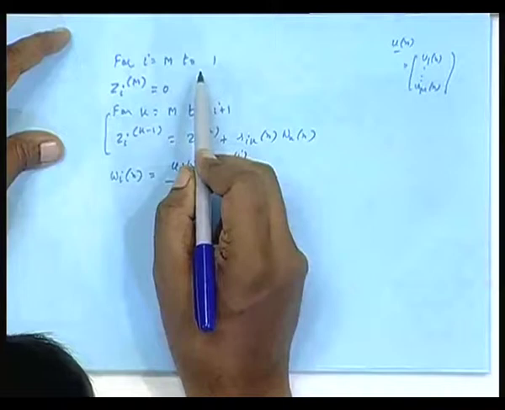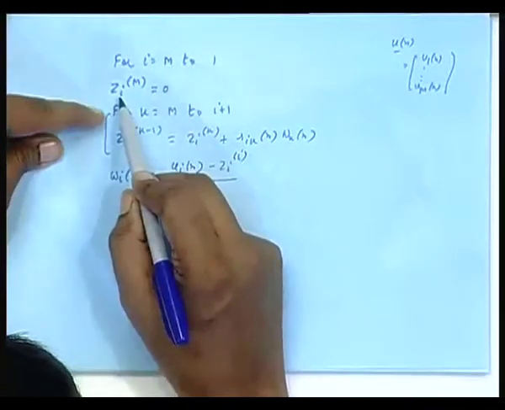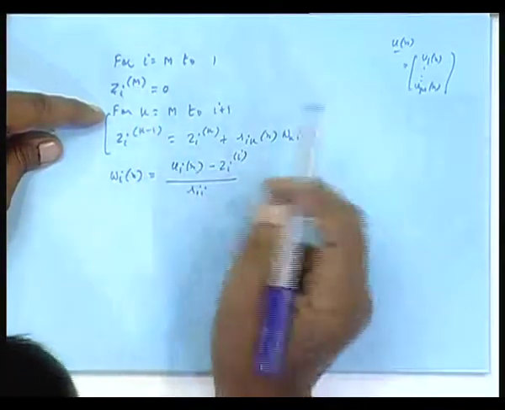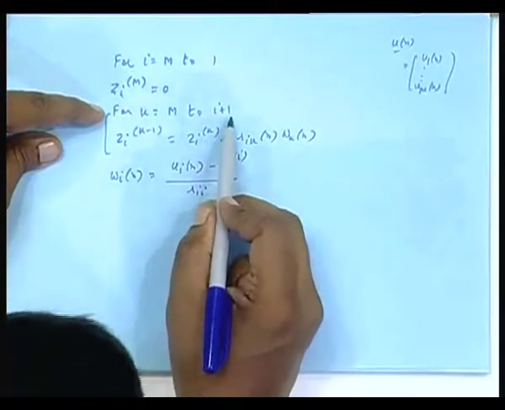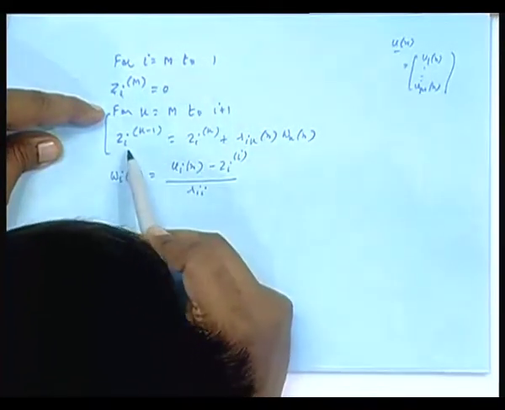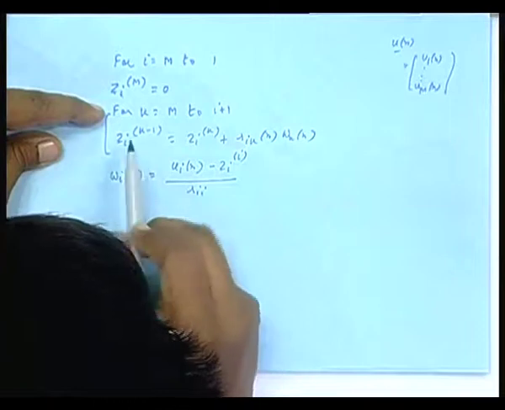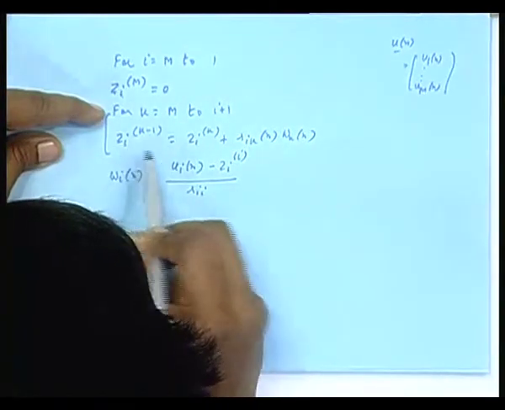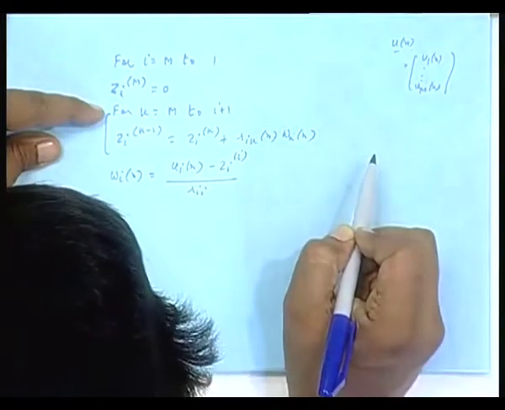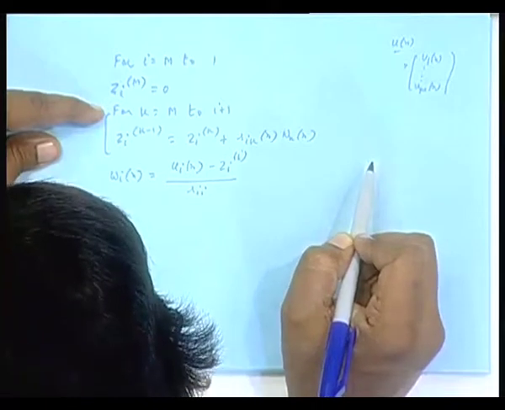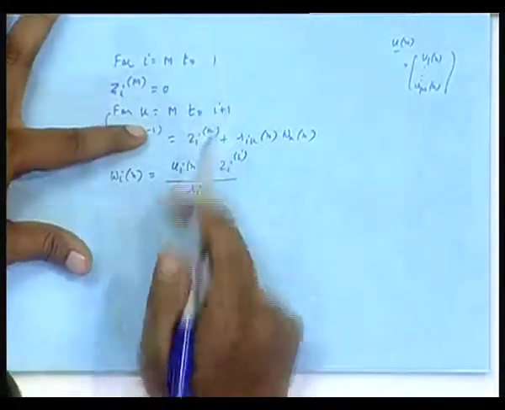Suppose m equal to 1, i equal to m, so Zm is 0, and here k equal to m plus 1. Let me see whether I am writing things correctly. I am coming to this later.